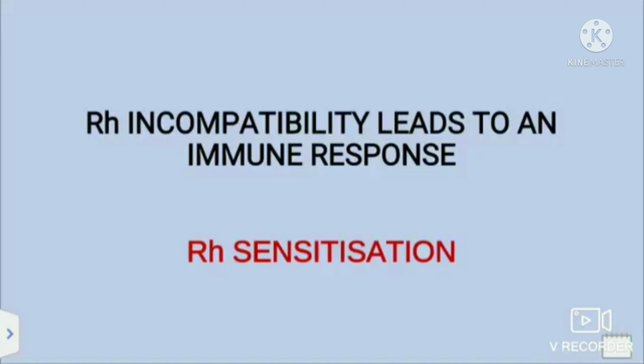Whenever we talk about erythroblastosis fetalis, we must be very clear that this will happen only if the mother has RH negative blood group and the fetus has RH positive blood group. Then only are there chances of RH incompatibility.